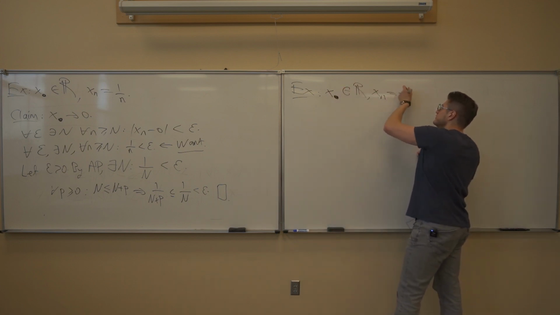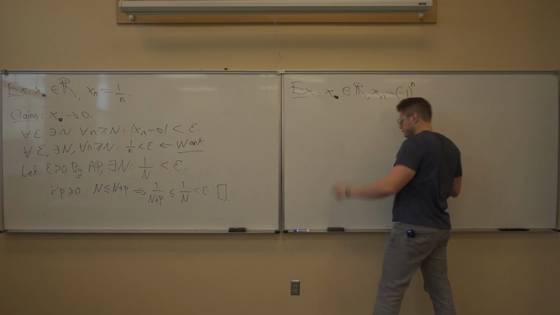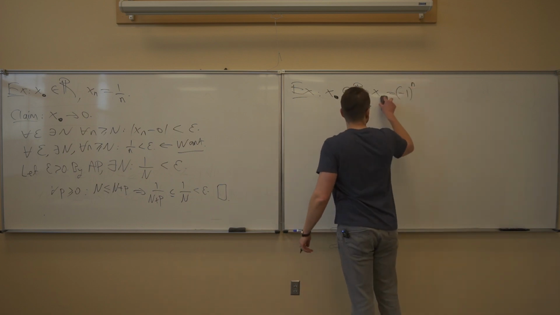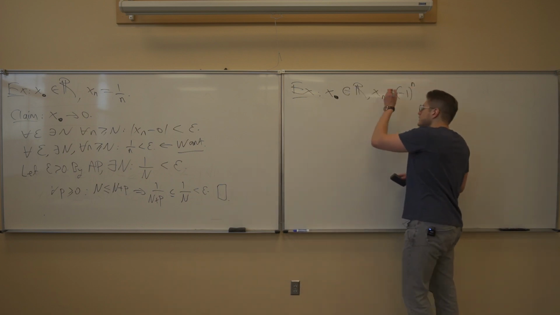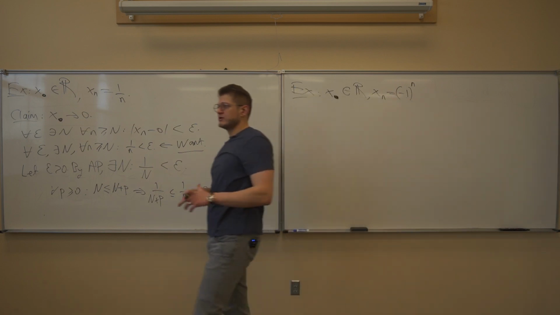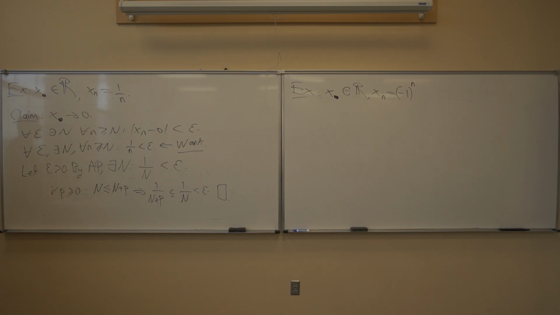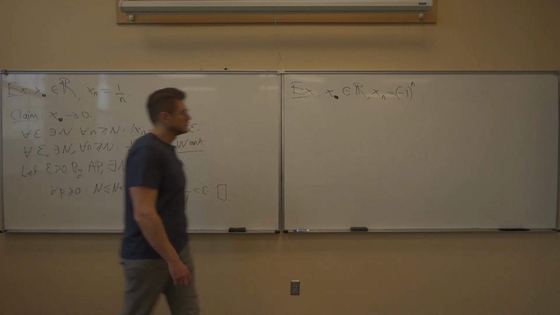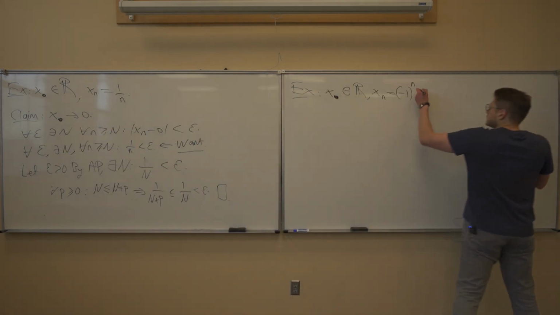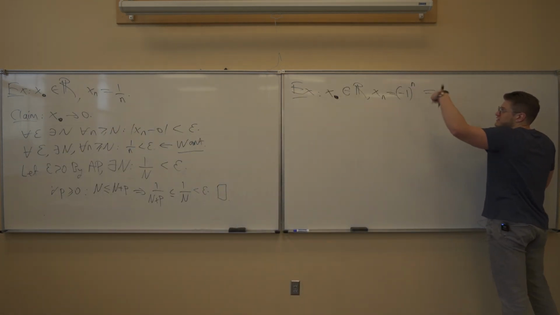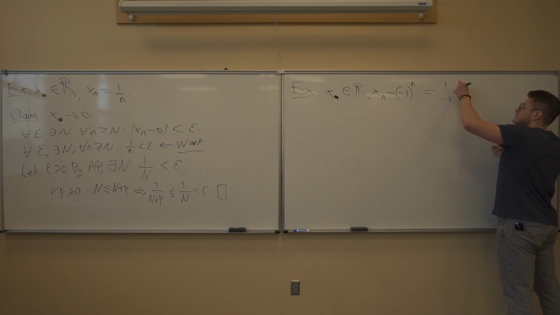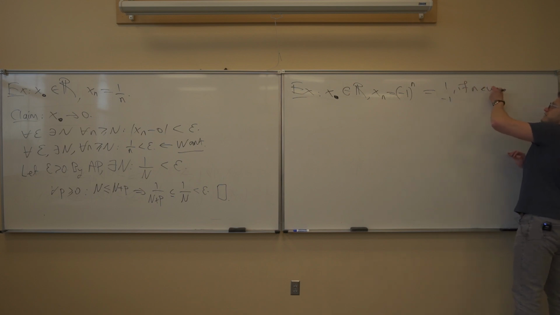In other words, my sequence is this: minus 1 to the n. And if I wanted, I could have written it like this too, right? I could have said x sub n equals 1 if n is even, if my time is even, and it is minus 1 if my time is odd. This is just a compact way of writing the same thing.